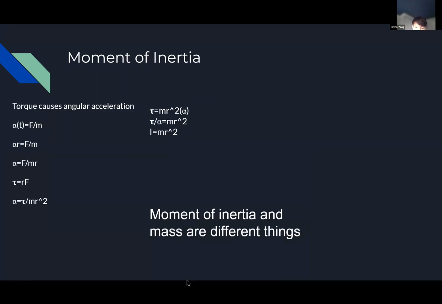So now I'll talk about moment of inertia. Since torque causes angular acceleration, we can write tangential acceleration is equal to the force divided by the mass. And we know that this is equal to the angular acceleration times r equals force over m.